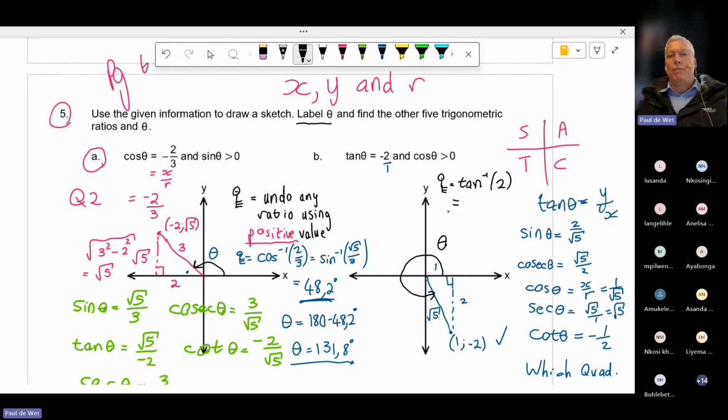When you undo tan of 2, you get 63,4 degrees. You can check on your calculator, but it's 63,4 degrees. Now, this angle here is not 63,4 degrees. This angle here is 63,4 degrees. So, what will theta be?